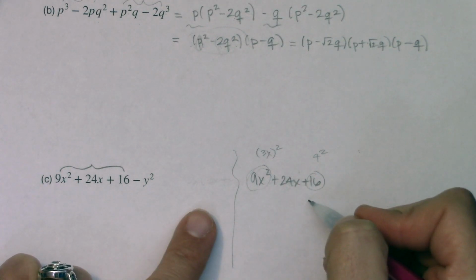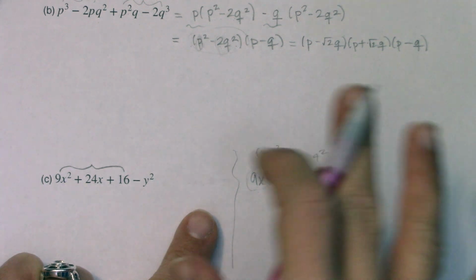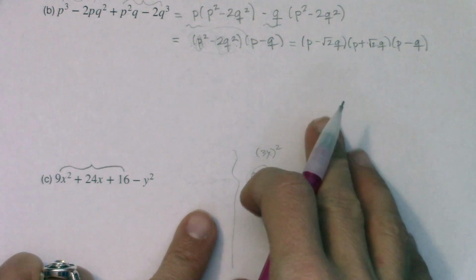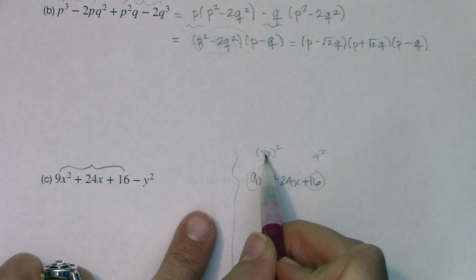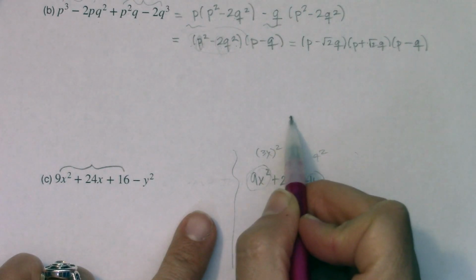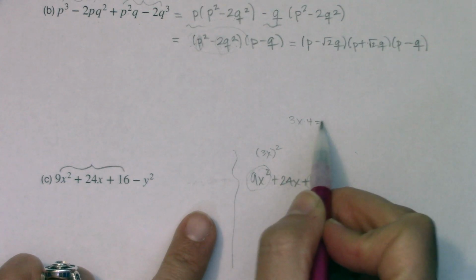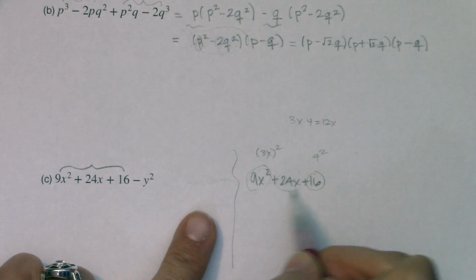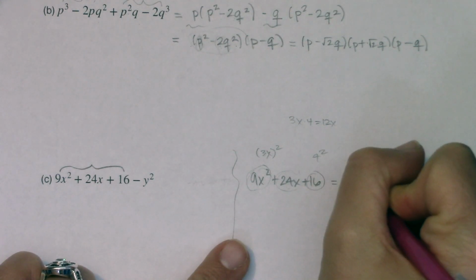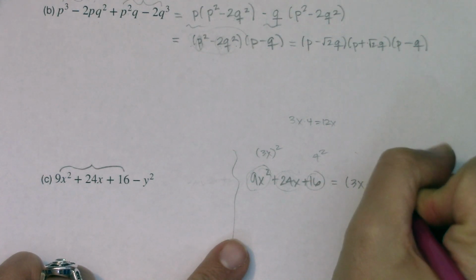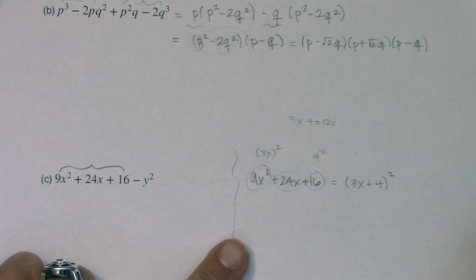Anytime I see perfect squares like that, spidey senses go off, but it comes with experience. The other thing I noticed is if you did 3x times 4, that's 12x, and this is double that. So where I'm going with this perfect square trinomial is ultimately 3x plus 4 quantity squared.